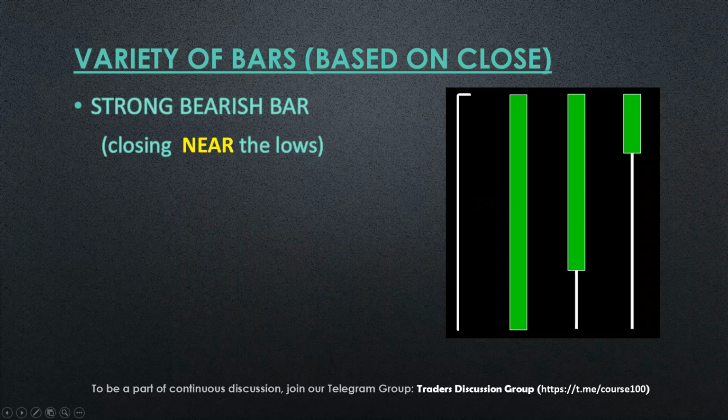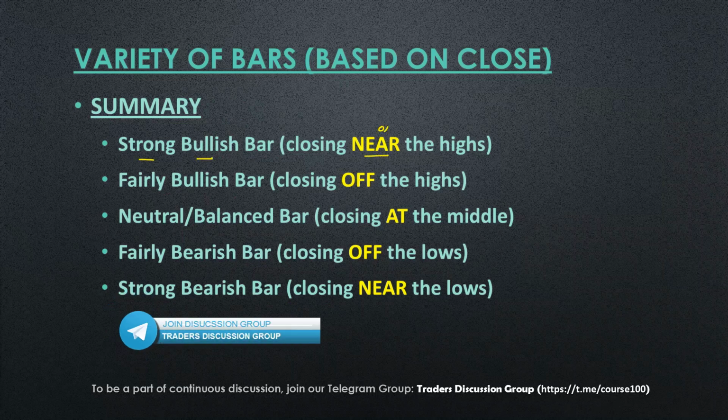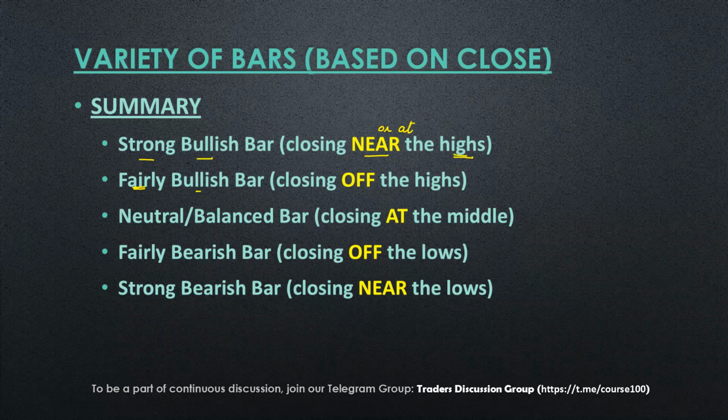To summarize, these are our 5 types of bars. Strong bullish bars close near or at the highs. Fairly bullish bars close just below the highs but above the middle line. A neutral bar closes at the middle of the bar.